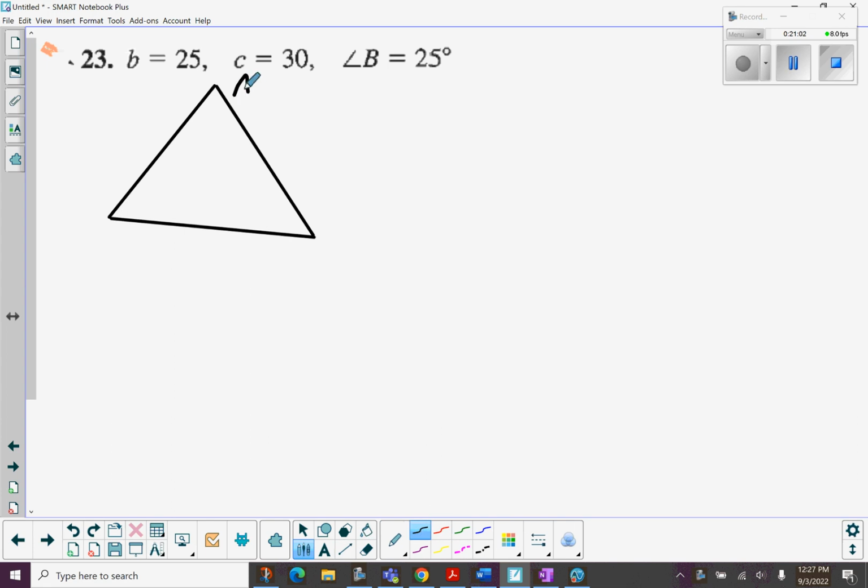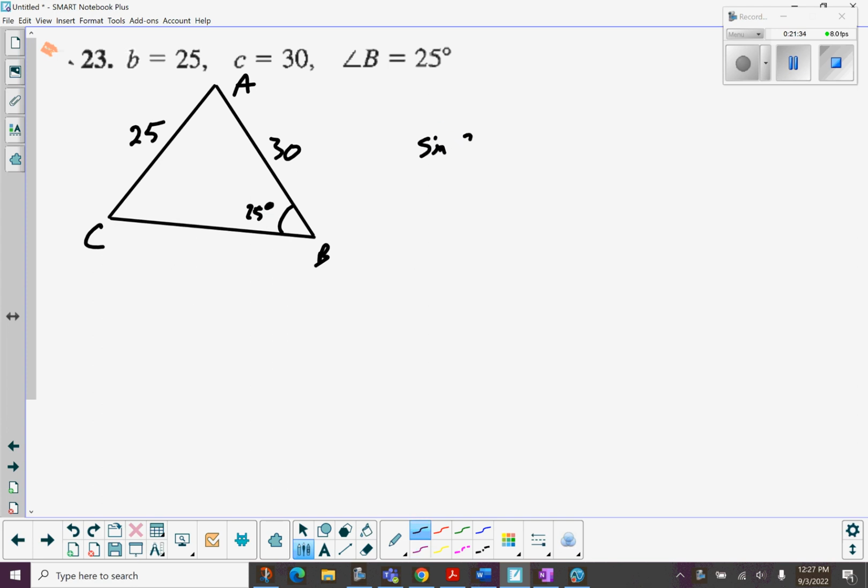So here's A, here's B, here's C. Side B is 25, so again, that's opposite from angle B. Side C, opposite from angle C, that's 30, and the measure of angle B is 25. Well, that's a little bit too big, but meh. Well, isn't that nice? The 25s match up.